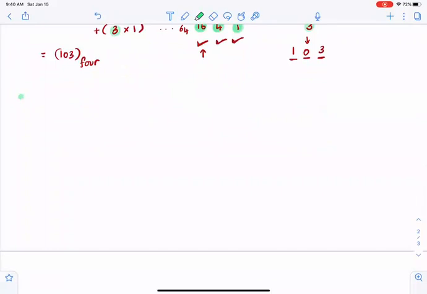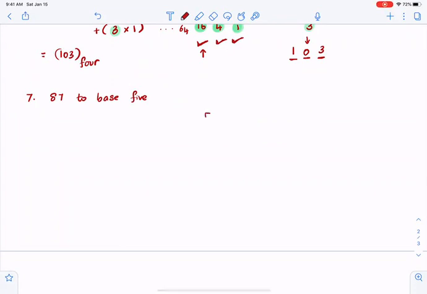Here is a bigger number. Of course, you could do this mentally with practice, but let's do using the approach of long division. We want to convert 87 to base 5.